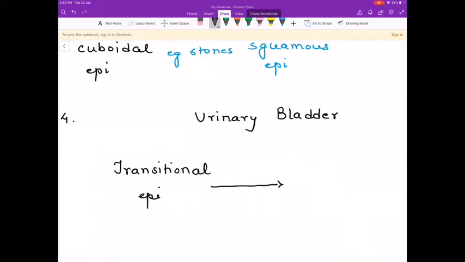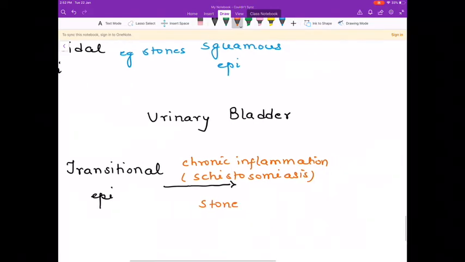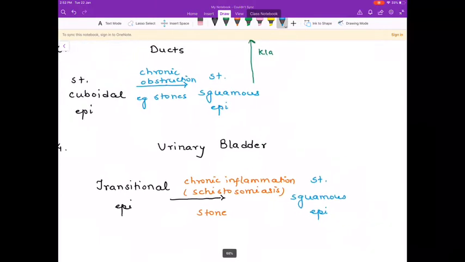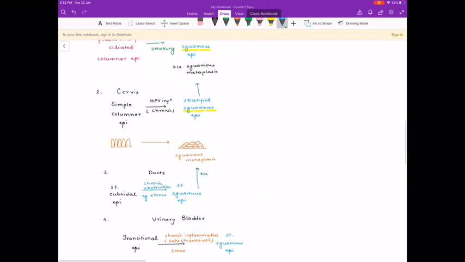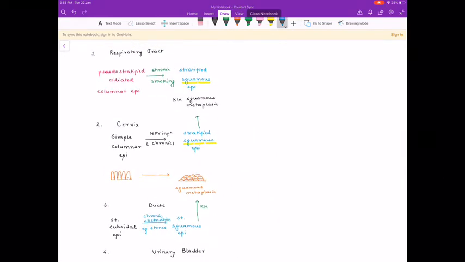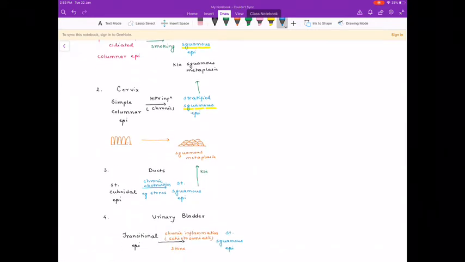When this transitional epithelium is irritated chronically due to chronic inflammation or chronic infection, for example due to schistosomiasis or due to stones, this delicate epithelium will be converted to another type of epithelium, which is stratified squamous epithelium. Till now we have seen that different types of cells are converting into stratified squamous, and that's why squamous is the most common type of metaplasia seen.